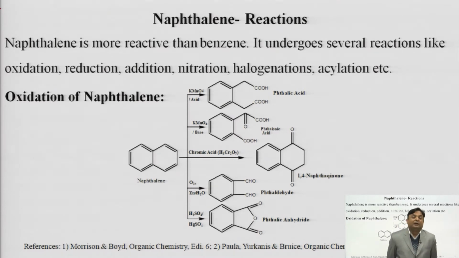That electron cloud will attract the electrophile towards it, making electrophilic substitution reaction very easy to take place, while it will repel the nucleophile. So, it is again very tough for nucleophilic substitution to take place in naphthalene, as in benzene.